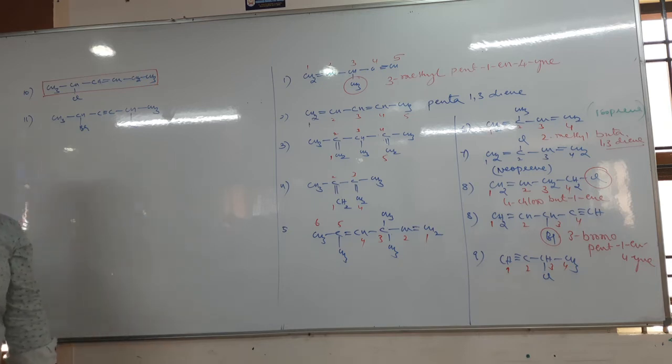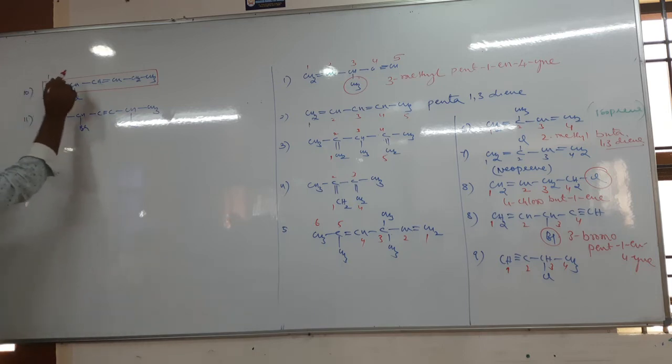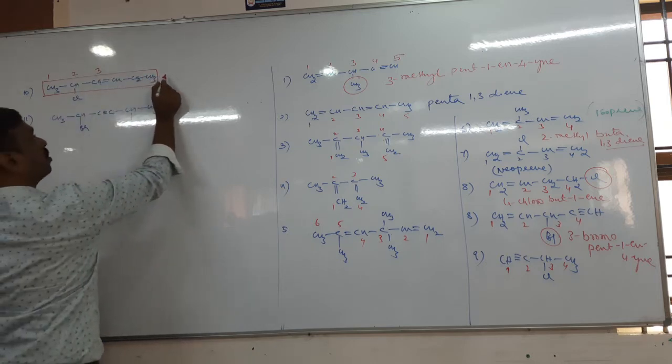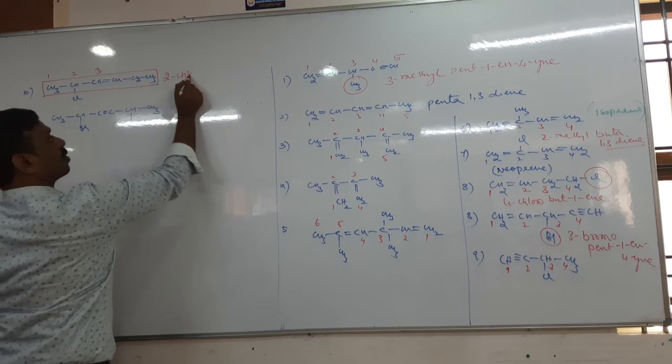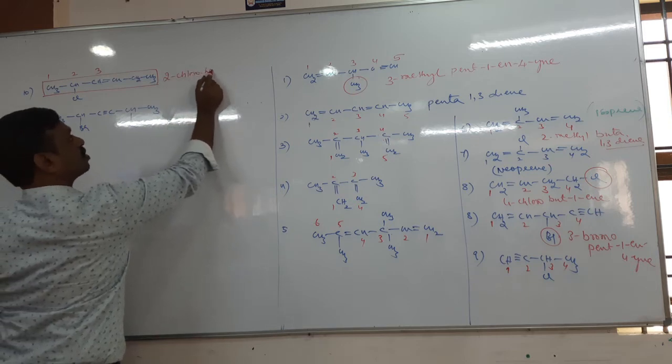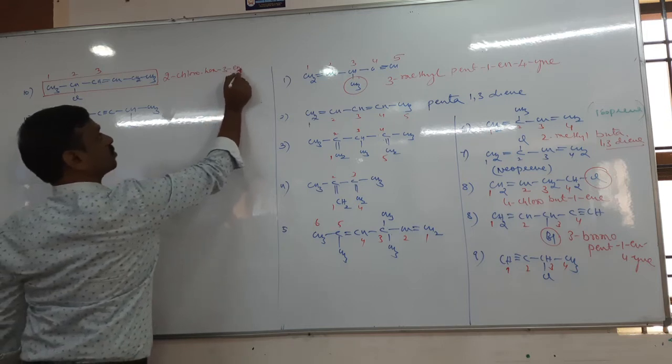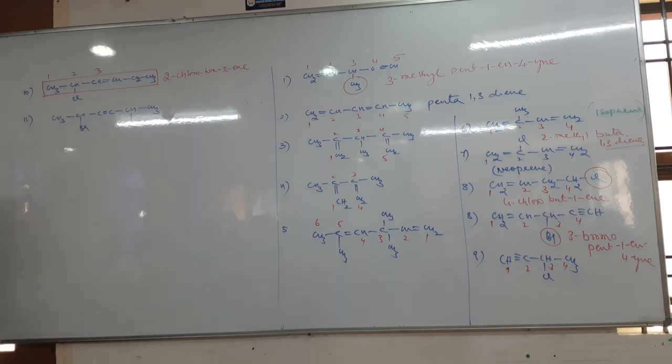We should give the substituent the least possible number. Therefore, if it is from left to right, it gets 2. Therefore, what is the IUPAC name? 2-chloro hex, which ene? Hex-3-ene.